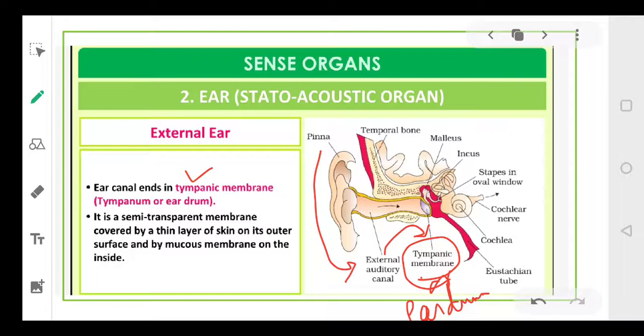This eardrum basically is composed of a semi-transparent membrane, which is covered by a thin layer of skin on its outer surface, and it is covered by mucous membrane on the inner side. तो आपकी जो tympanic membrane है या जो आपका eardrum है, ये सेमी ट्रांसपेरेंट मेम्ब्रेन होता है. इसके बाहर की तरफ आपकी स्किन का फोल्ड है और अंदर की तरफ म्यूकस मेम्ब्रेन है.